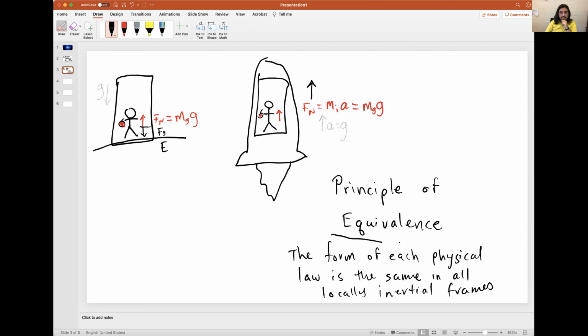So that's what this principle of equivalence is. But it's basically that there's no way to tell if you're inside the elevator in free fall or inside the elevator that is inside of a spaceship in space with no acceleration acting on them. Or on the other case, if you're in a box and the box is not moving on the surface of the earth, or you're in a box inside of a rocket with acceleration g, you wouldn't be able to tell the difference.